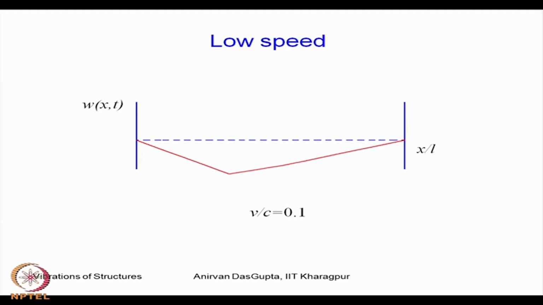If you look carefully, you will find that there is a kink which is travelling back and forth in the string. So, this is another situation where there is a transient, there is a propagation of information back and forth in the string.